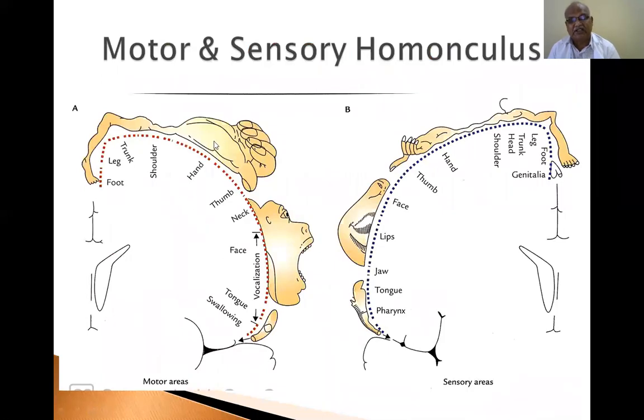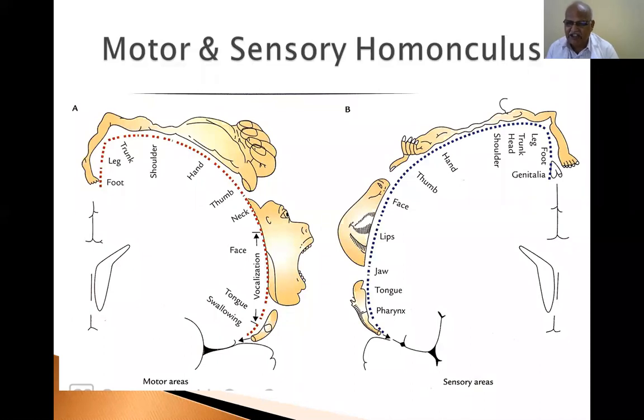This is the representation. Motor representation and sensory representation do not depend upon the mass of the body. For example, your leg is a large mass, but it occupies a smaller motor and sensory area. Your hand is a small mass compared with the leg, but it does more skillful movements, so the hand occupies a larger motor and sensory area.